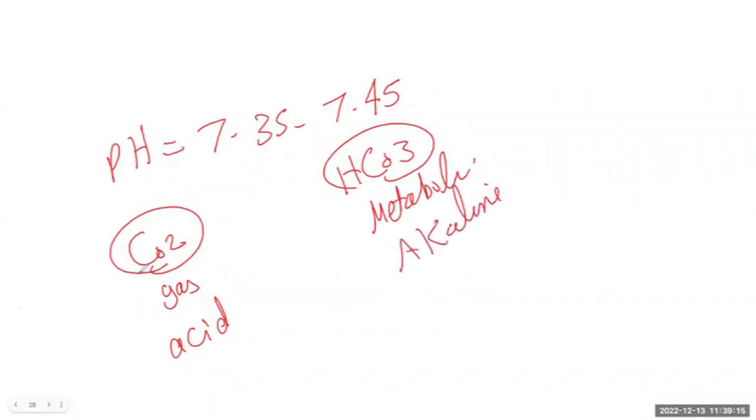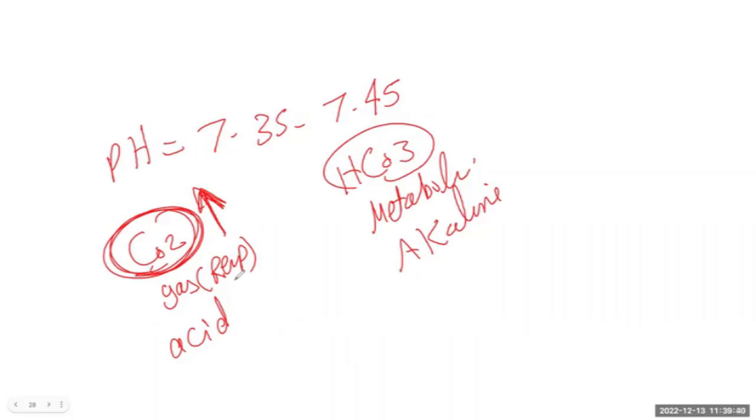If carbon dioxide increased in the body, what will happen? Gas, so important for respiratory problems. If carbon dioxide accumulated in the body, what will happen? Respiratory acidosis.